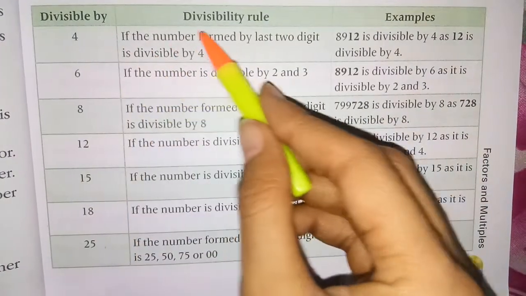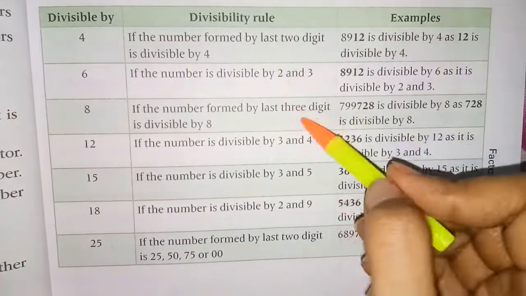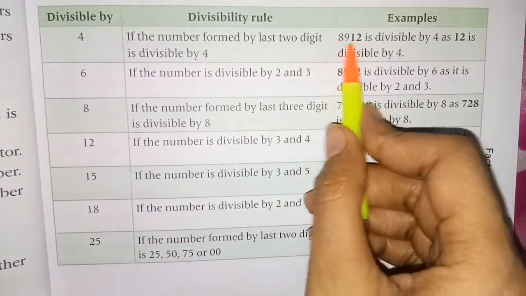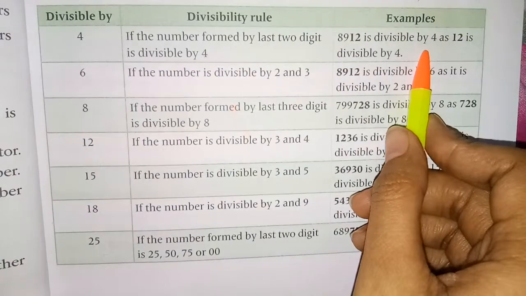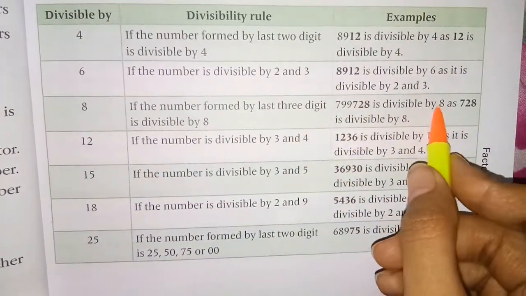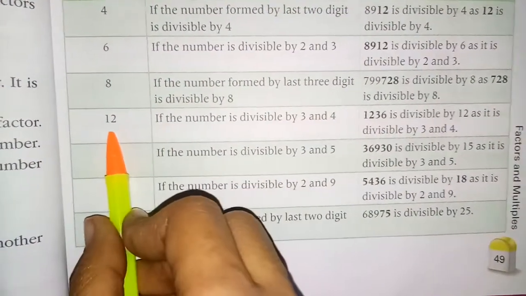So divisibility of 4 and divisibility of 8 are somewhat the same, because in divisibility of 4 you have to check that the last 2 digits should be divisible by 4, and in divisibility of 8 the last 3 digits should be divisible by 8.